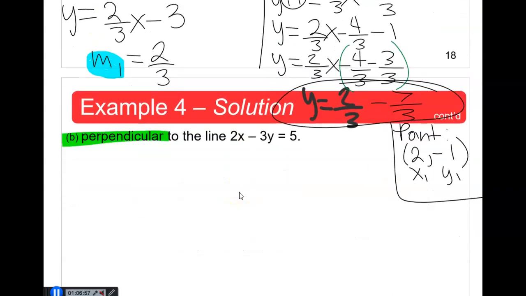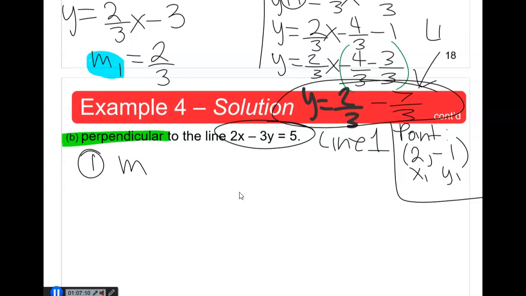Now for part B, we could already use the step where we found the slope of this line. Remember, this is line 1 still. We decided to call this line 2, or I did. So here the slope of line 1, m sub 1, is going to be 2/3.